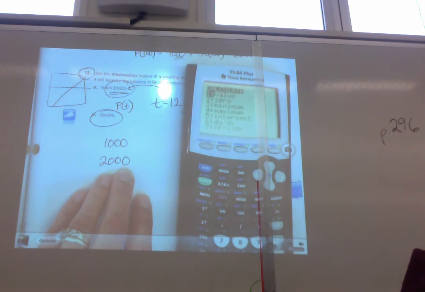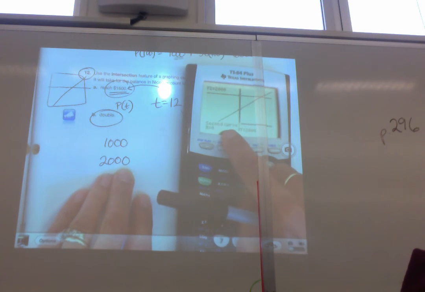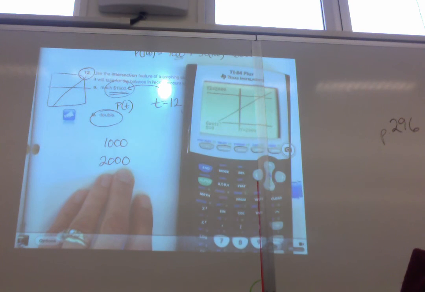Second calc, intersect. Please work. Okay, that's looking good. And first curve, enter. Second curve, enter. Guess, enter. Notice that the little blinky cursor has moved to right where they crisscross.